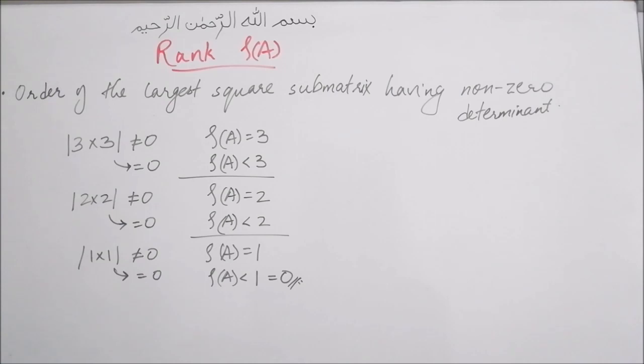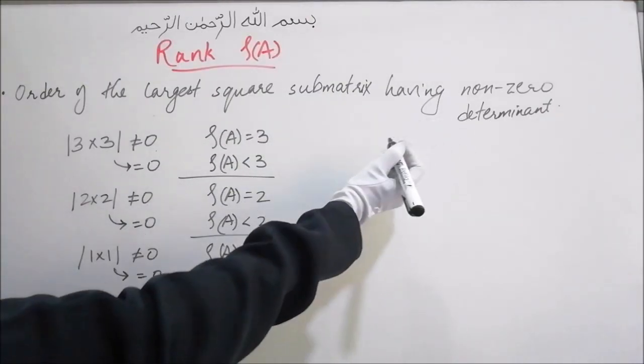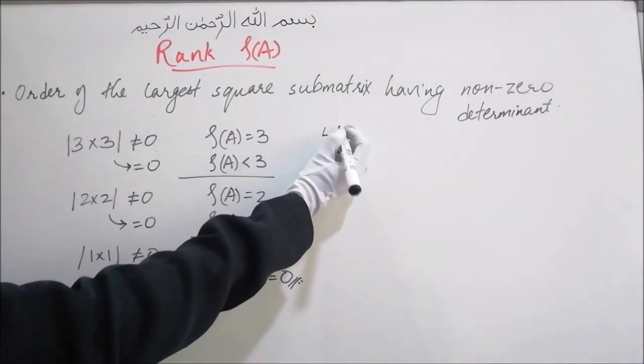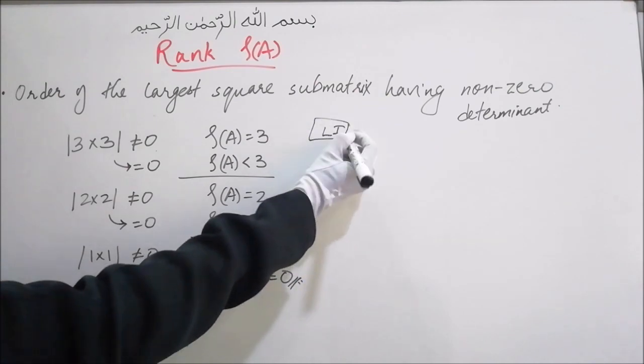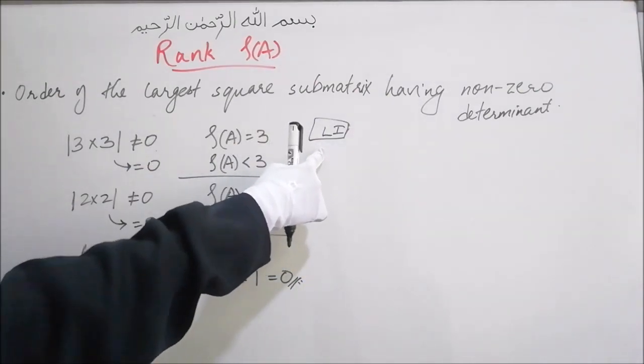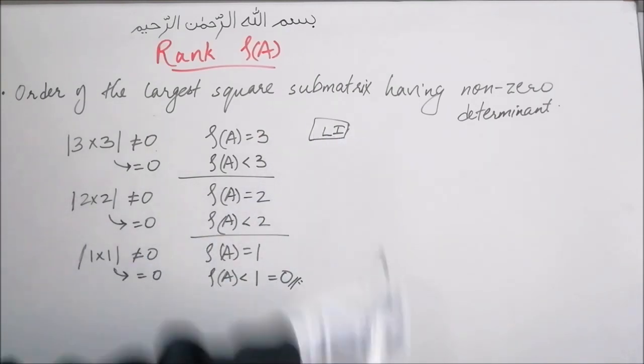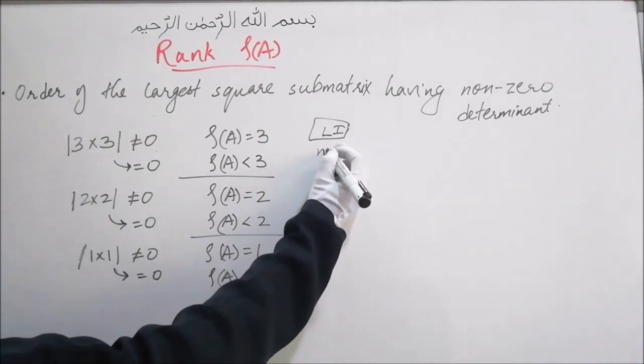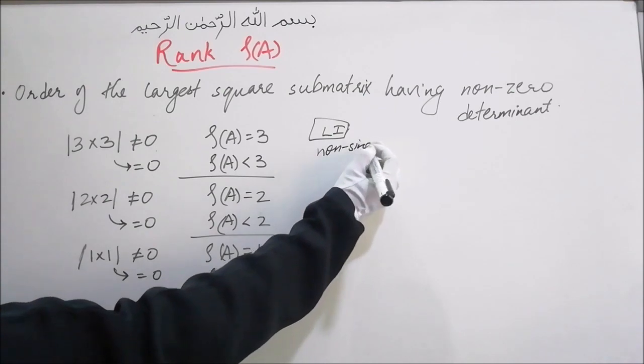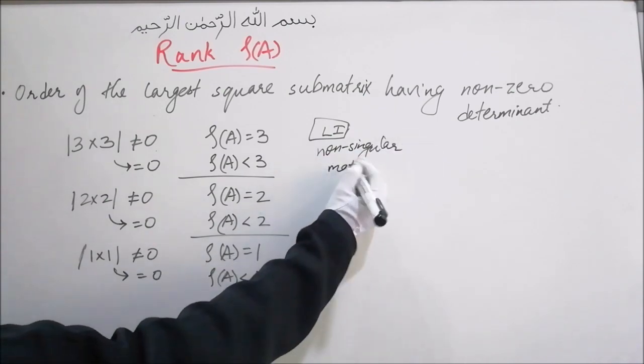We can say that every matrix is a sub-matrix of its own matrix. Now as I said before, if you have a non-zero determinant, then the matrix is linearly independent, and those matrices which have non-zero determinant, that means which are linearly independent, are also called non-singular matrices.